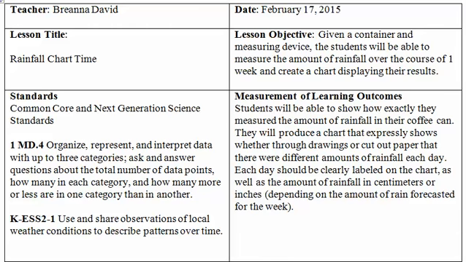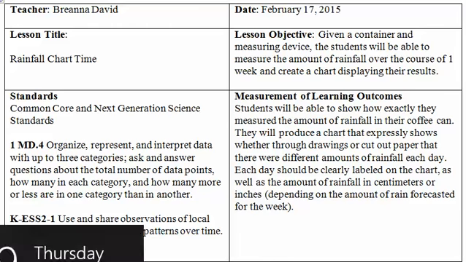So this will be an awesome opportunity for them to use observation skills and measuring skills as well to look at the rain, to understand that rain falls at different levels each day. Some days have rain, some days don't. And so I thought that would be a really fun way for them to explore.